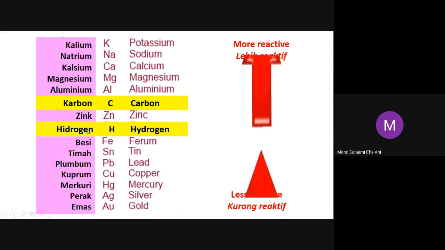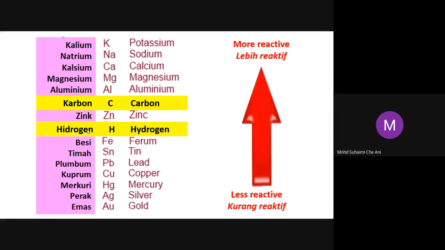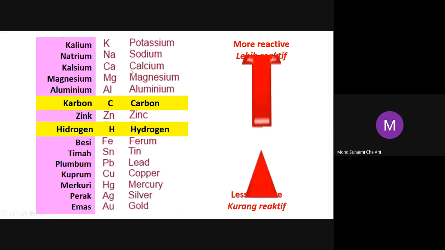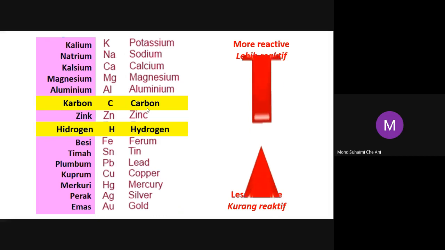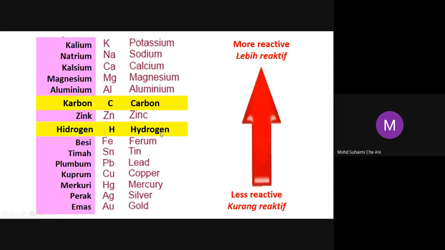So if you want to memorize the reactivity series, this is the complete one because it already includes carbon and hydrogen. So it is better to use this complete reactivity series. Okay, and then you need to know that carbon is positioned between aluminium and zinc, while hydrogen is positioned between zinc and iron. Alright.